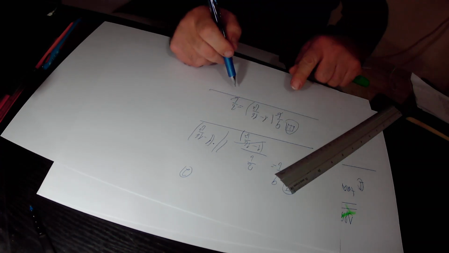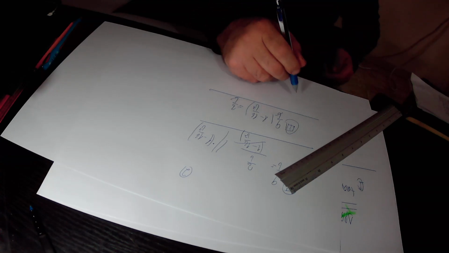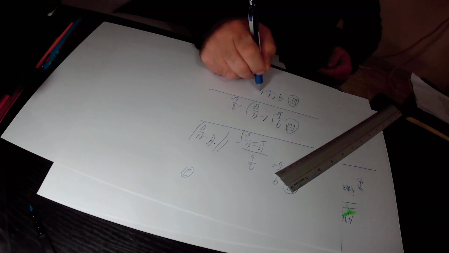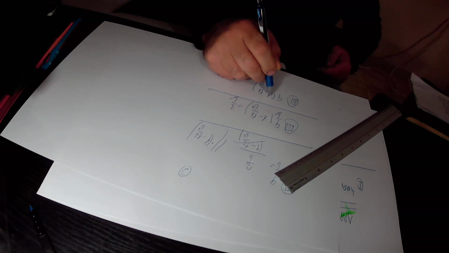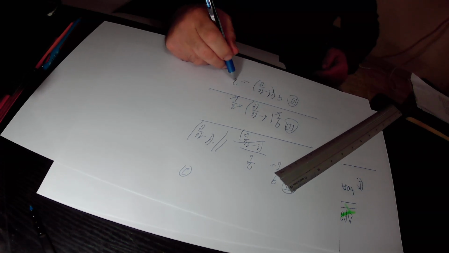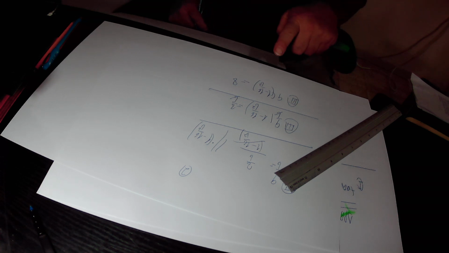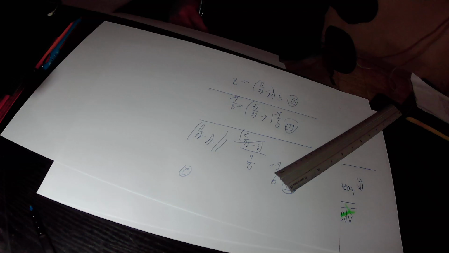After we cancel b, this side of the equation is left with 9 times 1 minus 16 over b squared, while on the other side we are left with 8.